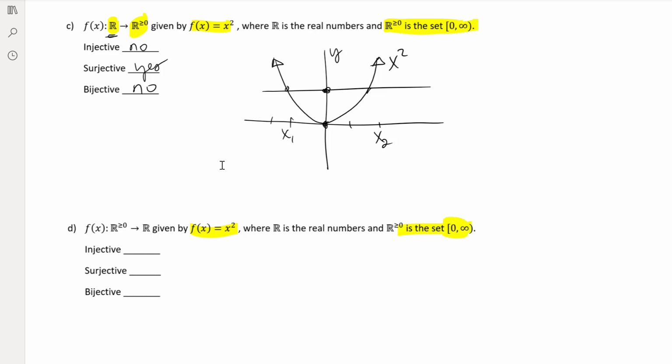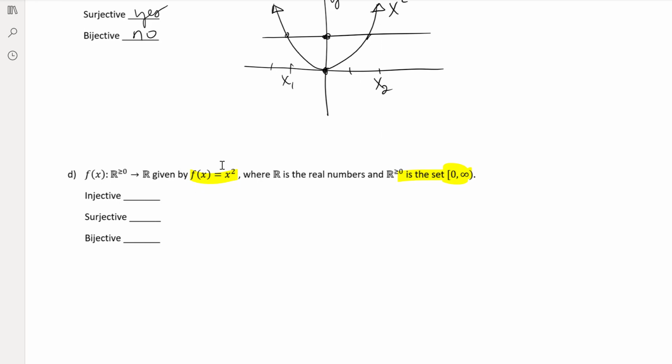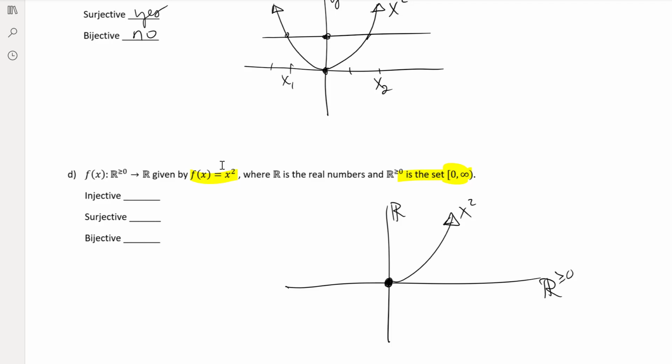So if we take that as the domain, and we look again at the same simple curve, the parabola, but we include 0, so now I'm going to make it a filled-in point and a parabola that opens up, but only one side of that parabola. So this is a domain of real numbers greater than or equal to 0, and this is a range that is actually R. All the real numbers, including negatives, are in this range R. Of course, this formula only produces positives.